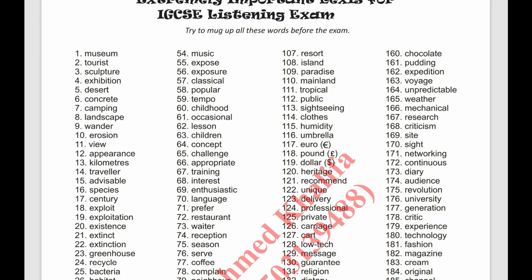Although it's not a good idea to learn vocabulary in isolation, you're going for listening now. If you learn these spellings, it will help you score better marks at listening. Believe me. I compiled these words from past papers starting from 2006 till date.